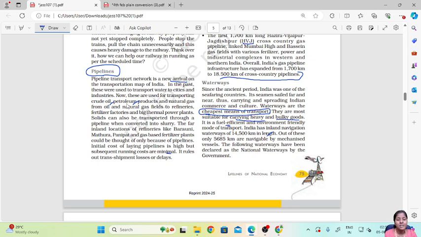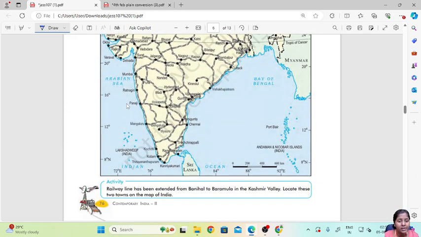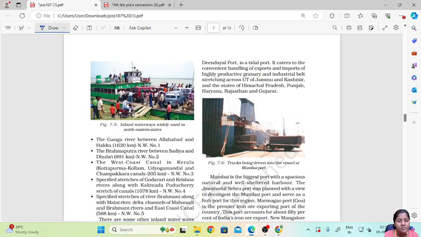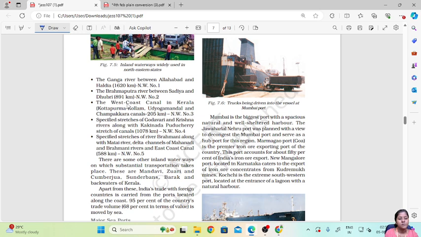The following waterways have been declared national waterways by the government: the Ganga river between Allahabad and Haldia, the Brahmaputra river between Sadiya and Dhubri, the West Coast Canal in Kerala, and specified stretches of the Godavari and Krishna rivers along with Kakinada-Puducherry stretches of canals.